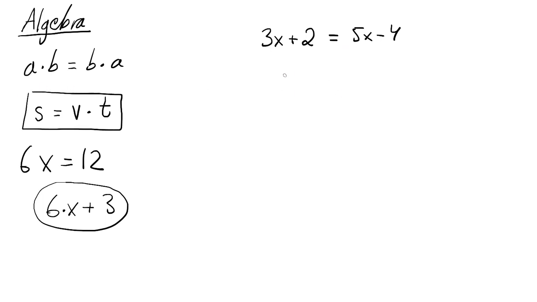For example, if I want to find out the distance an object travels if it travels with the speed of 10 meters per second, then multiplying that with time gives me the distance. So this is not an equation really, but rather a formula. And we can also call it a function. But we will talk more about functions later.